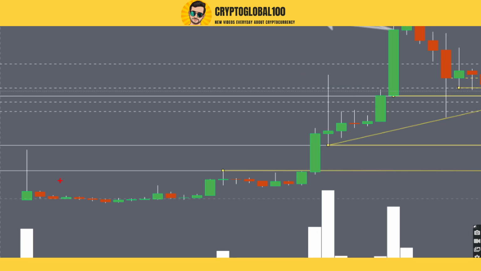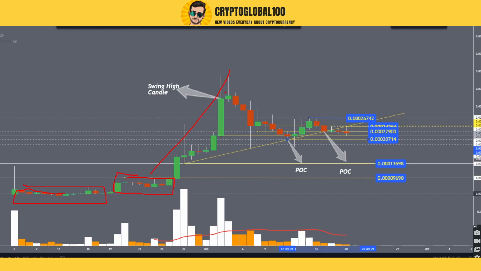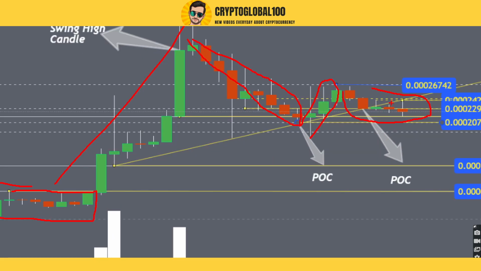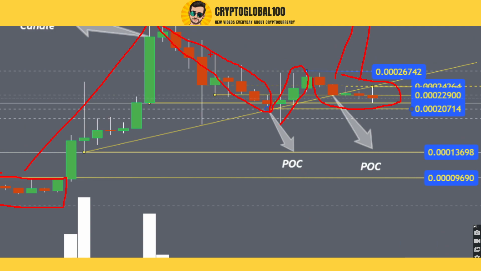But for right now, you can see clearly, just take a look at yourself. This was a good accumulation phase, and then we saw a breakout. Now after the all-time high, the price has not been stable. It has been going down and then up, then again going down. But now if you compare the two phases, the small size candles, you can see this was more of a distribution phase or sell-off phase.